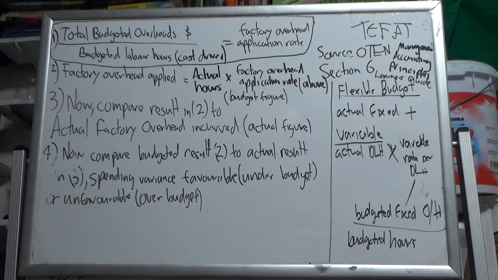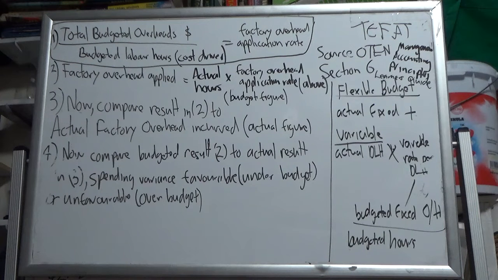Now you compare this figure to the figure in 2, which is the difference of quantity of cost, and to factory overhead applied, which is actual hours multiplied by fixed factory overhead application rate, which remember was found by budgeted fixed factory overhead divided by budgeted direct labour hours. So you multiply that rate by actual hours, and that gives you a figure in dollars, right?